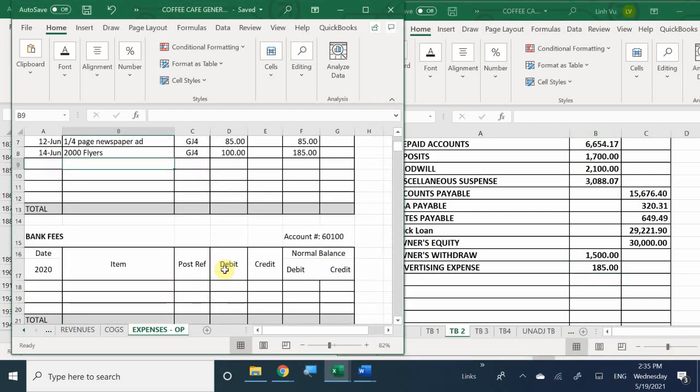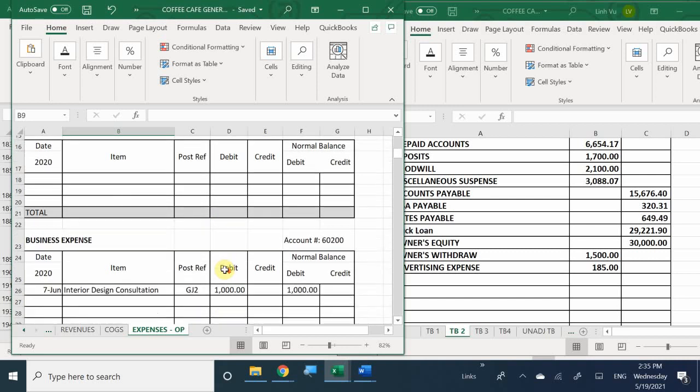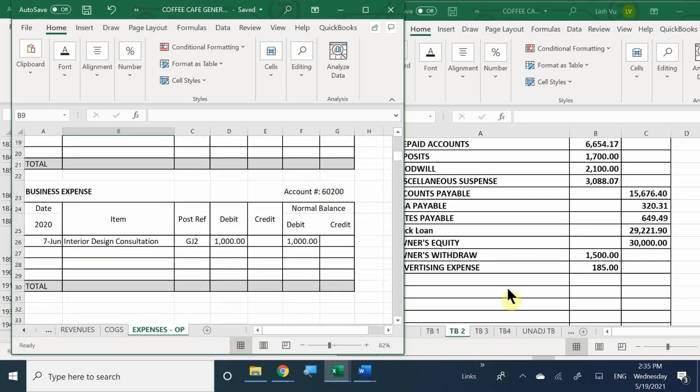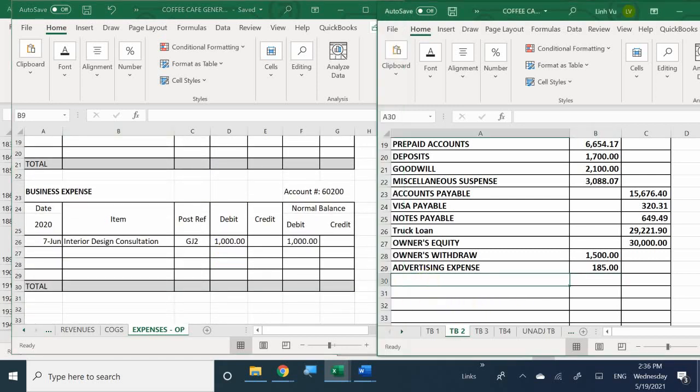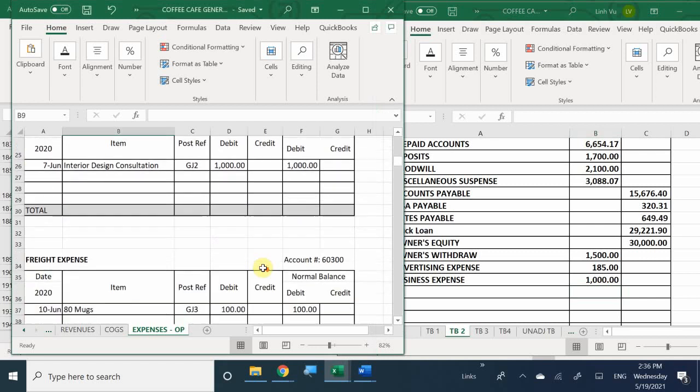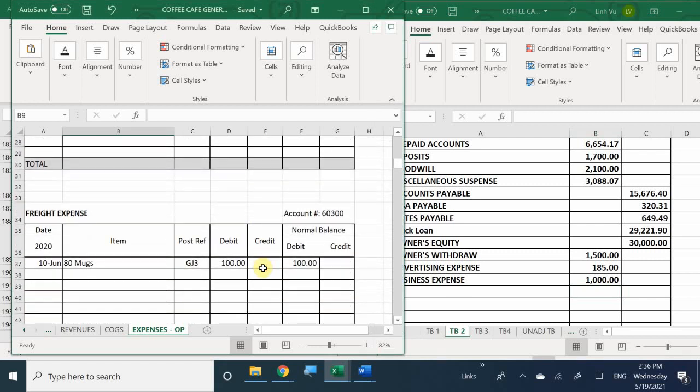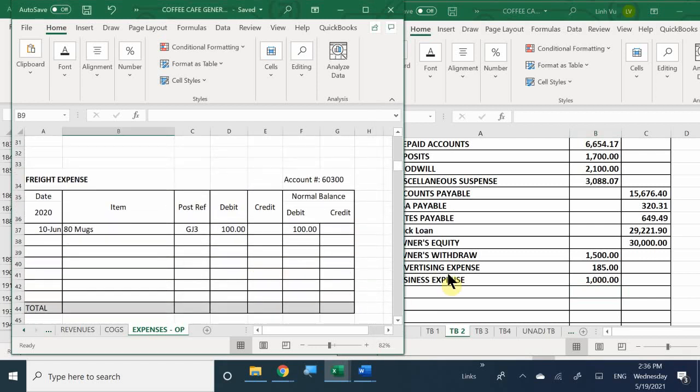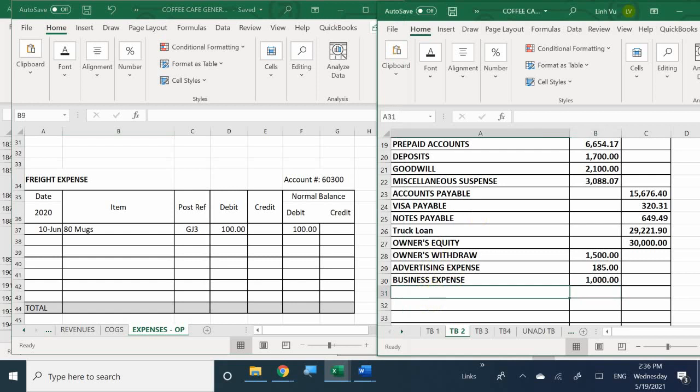Did I encounter any bank fees? No, not yet. Business expenses, 1,000 on the left. We had the interior design. Next, we have here is freight expense. Yes, we incurred some freight expense.